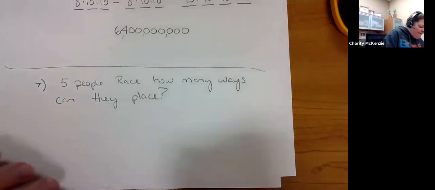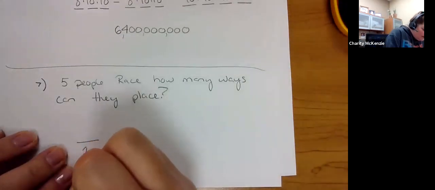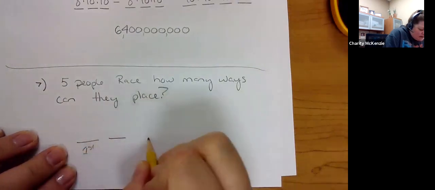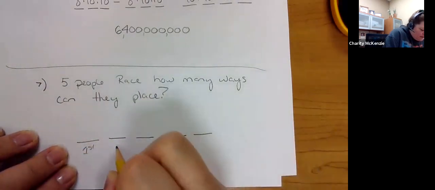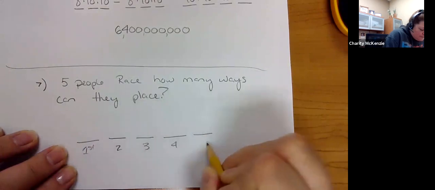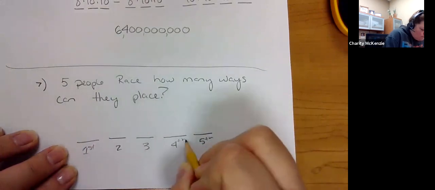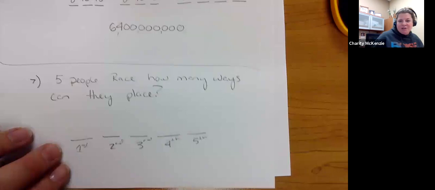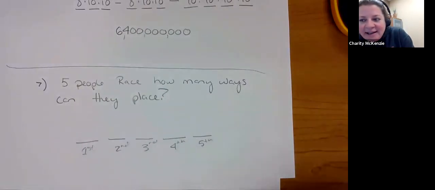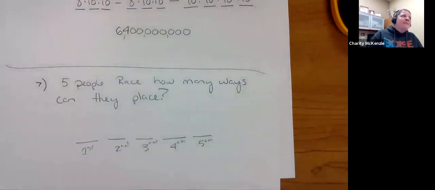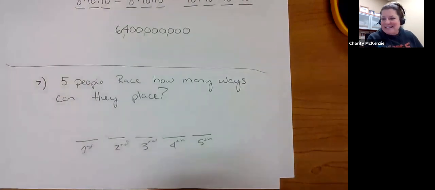So let's think of first, second, third, fourth, or fifth. Those are the options. How many of the racers could get first place?